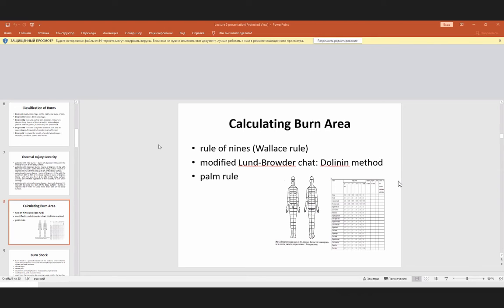Anterior surface of the trunk 18%, posterior surface of the trunk 18%, legs 18% each, perineum 1%.